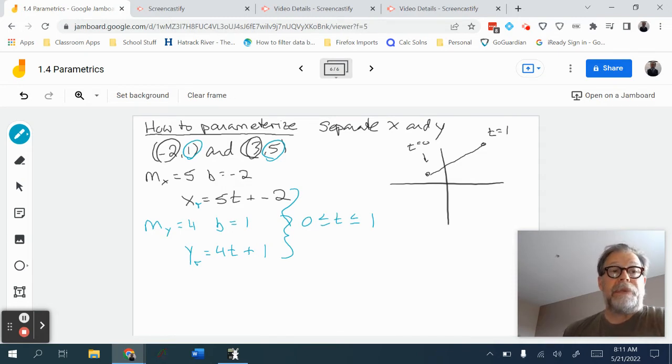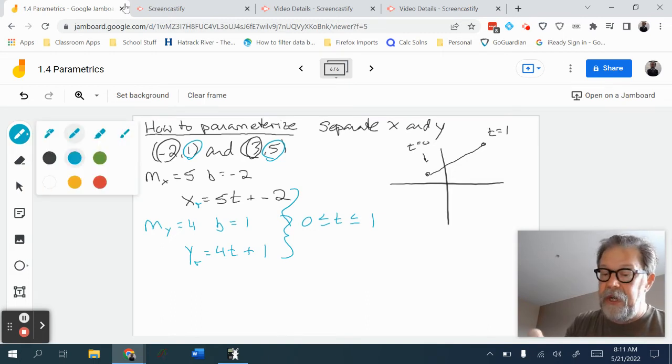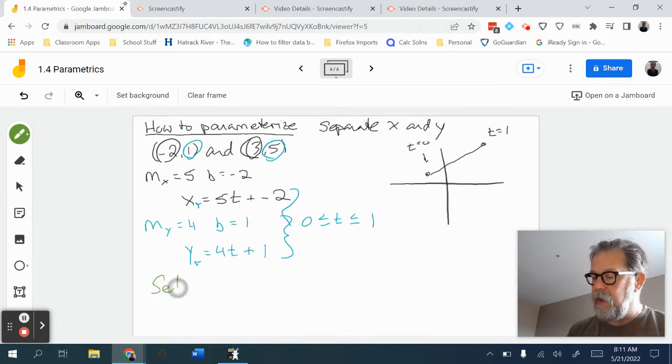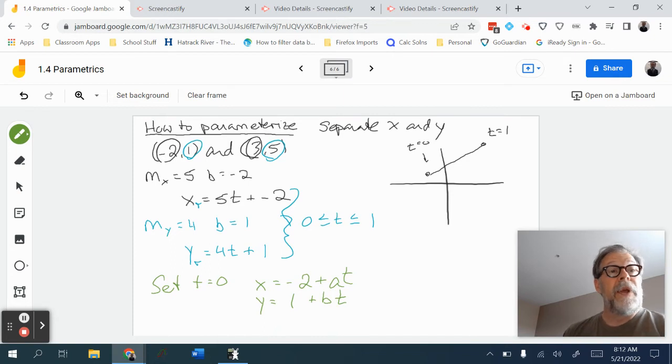And that's basically it. There's a variety of strategies you can use. Other strategies that I've seen said if we set t equal to 0, then we know that x is equal to -2 plus some rate of change times t, and y is equal to 1 plus some other rate of change times t.